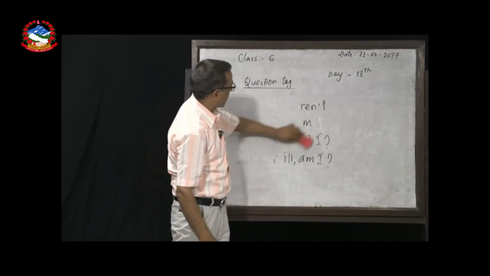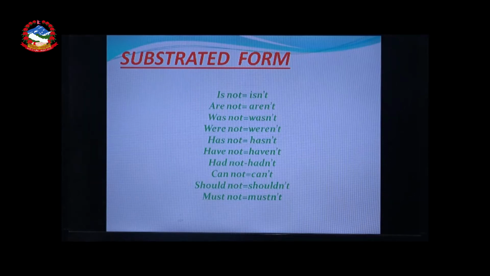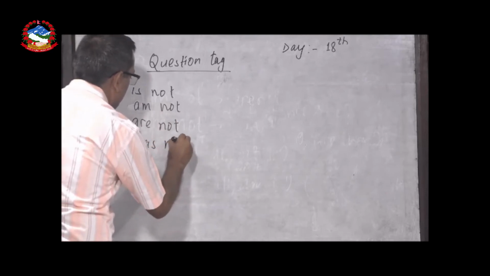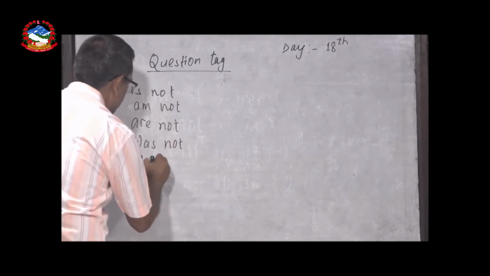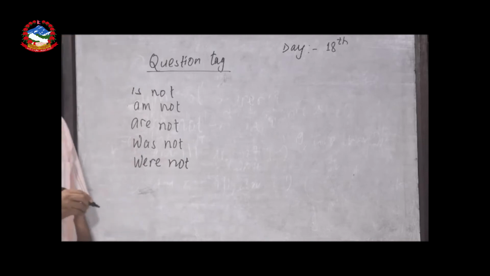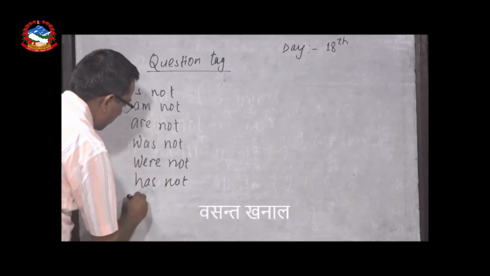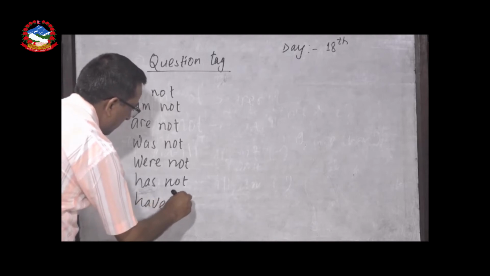Subtracted form of auxiliary verbs. First of all, I am going to write some auxiliary verbs with adding "not": is not, am not, are not, was not, were not, as well as has not, have not.